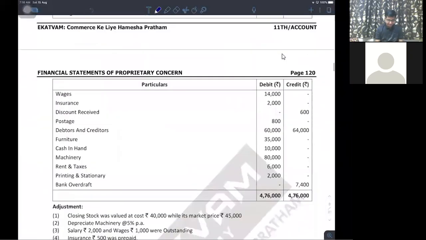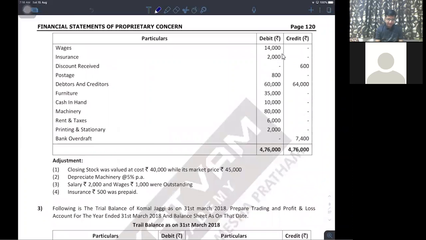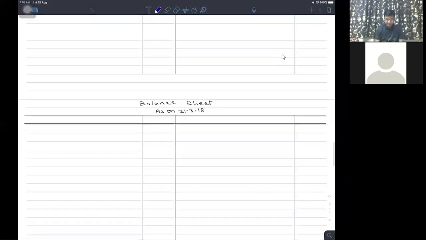They say depreciate machinery by 5% per annum. Machinery given to us is 80,000. उस पे हमको 5% का depreciation charge करना है.